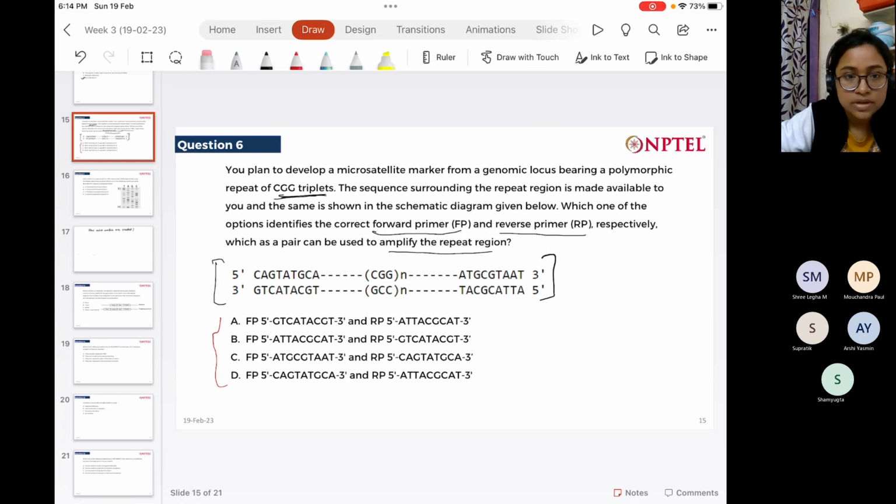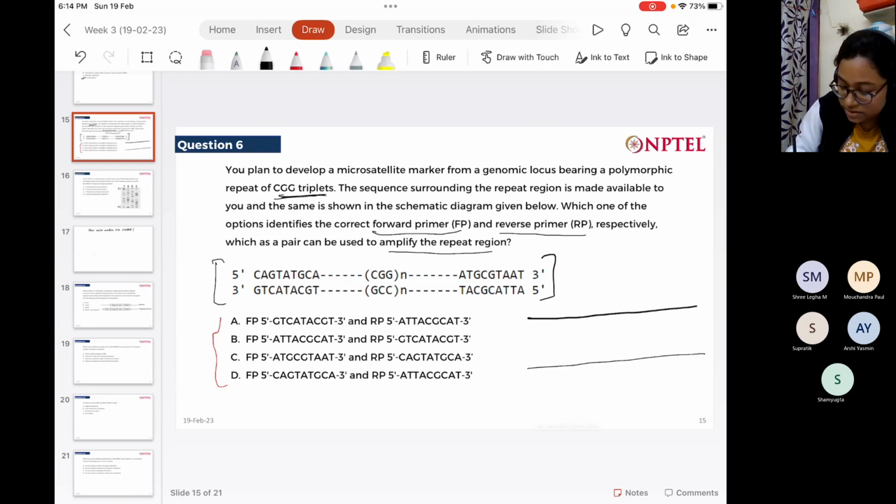Okay. Suppose this is your 5', this is your 3', this is your 3', this is your 5'. So where would the forward primer be ligated, in the first strand or the second strand? If you give a forward primer, where will it be ligated?